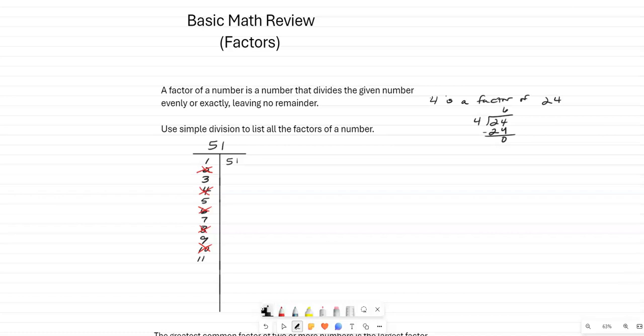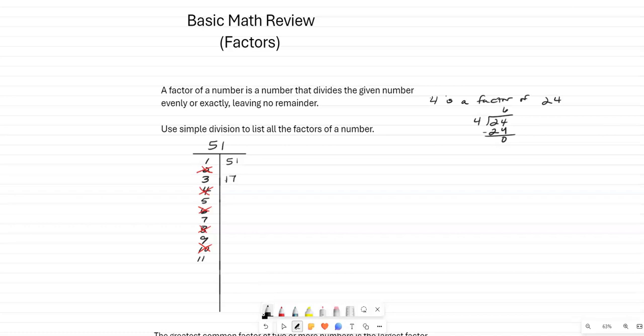So let's move to the next number. Now we have 51 divided by 3. And when you divide 51 by 3, you get 17. So we will write the 17 next to the 3 because that means that 3 times 17 gives us 51.